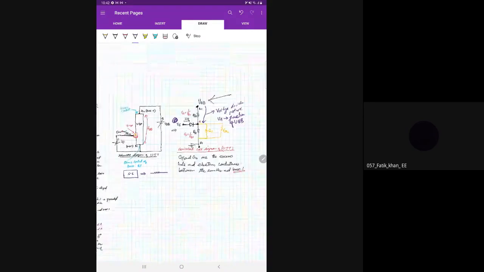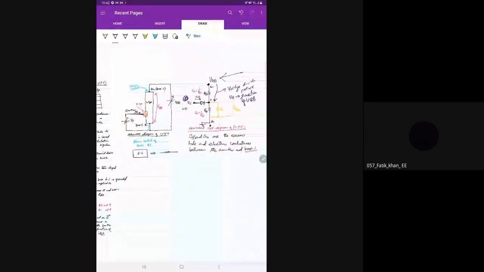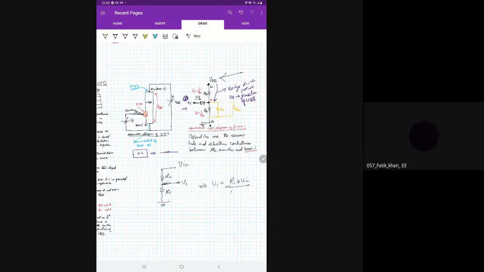You know that in a voltage divider network like this, with V input as the voltage, and this is V1, then you can calculate V1: if this is R2 and this is R1, then V1 is equal to R1 into V input divided by R1 plus R2.